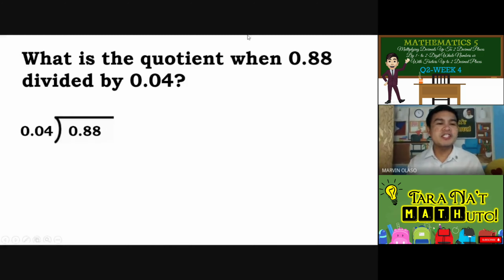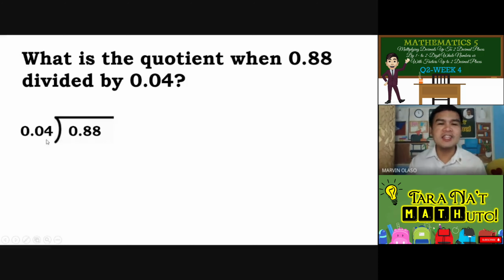So, please check. If the divisor is a decimal number, we cannot divide it directly. So, mayroon tayong mga steps na gagawin so that we can divide it correctly. Step 1, check how many decimal places the number has. The divisor, we have two decimal places. So if we have two decimal places, the number is under what place value? It's hundredths.